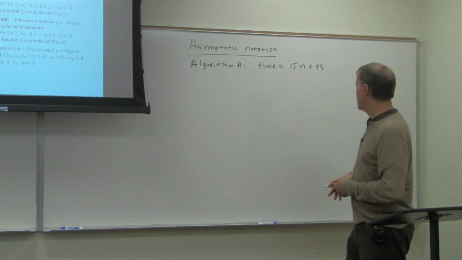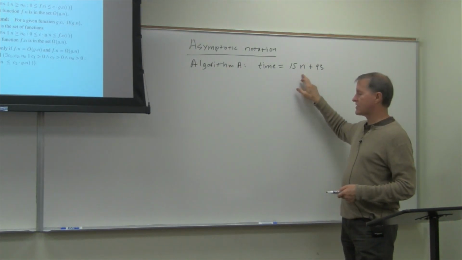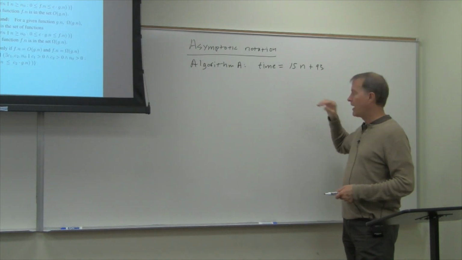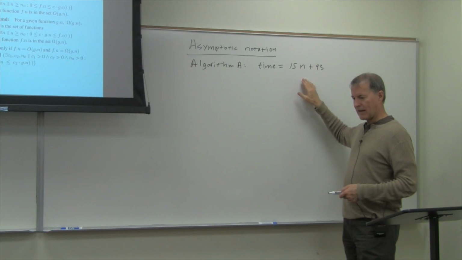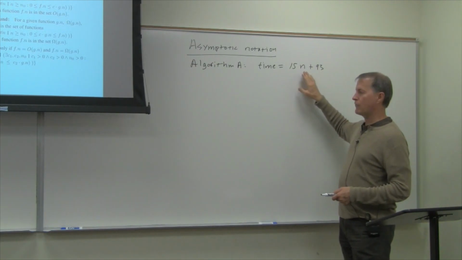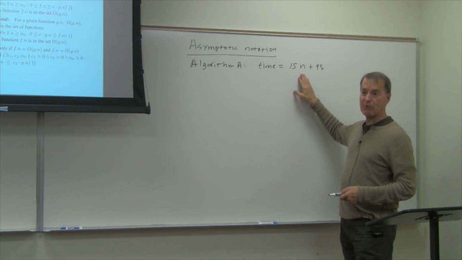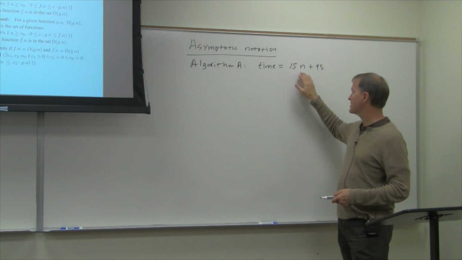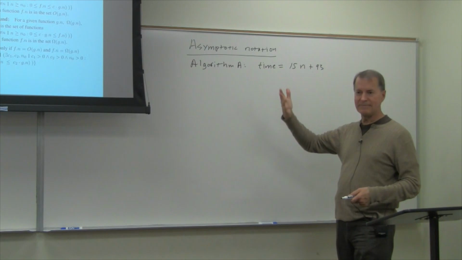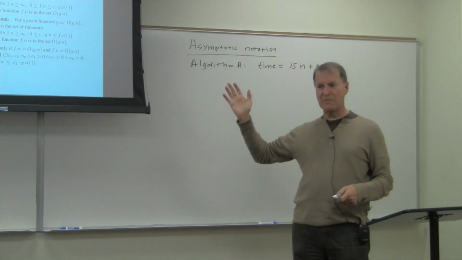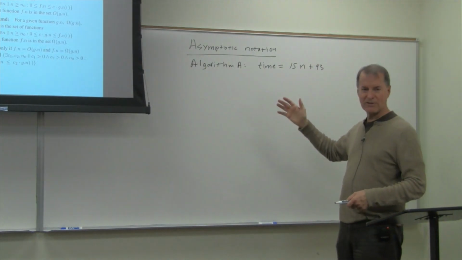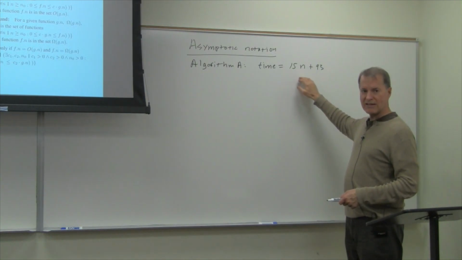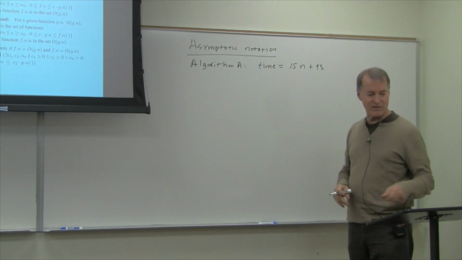So this n is some measure of the size of the problem. If you're analyzing 1,000 data points, so n is 1,000, and you time it, it takes 15 times 1,000 plus 93 units of time, milliseconds, microseconds, whatever. That's how it runs.